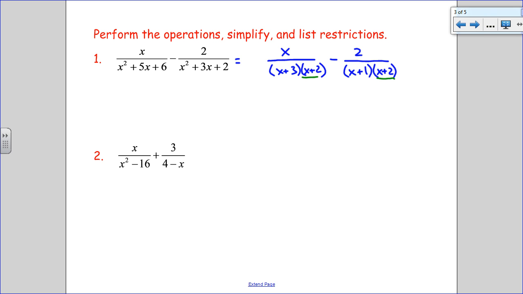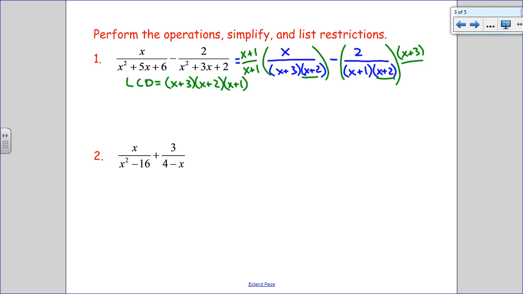So the LCD in this case will be the product of three binomials, x plus 3, x plus 2, and x plus 1. In the first expression, we need to multiply by the binomial x plus 1 over x plus 1. In the second expression, we need to multiply by the binomial x plus 3 over the binomial x plus 3.